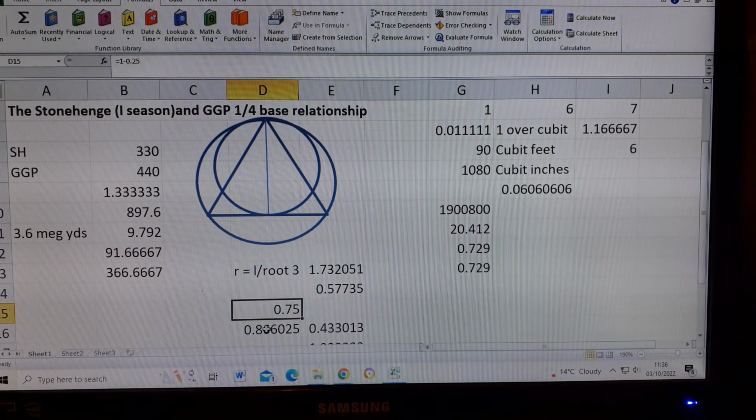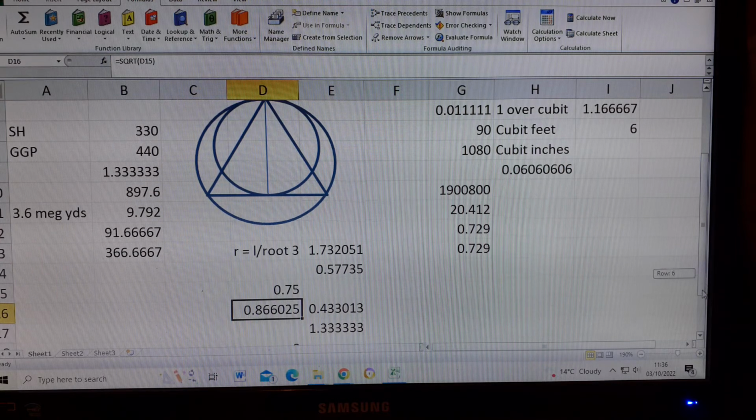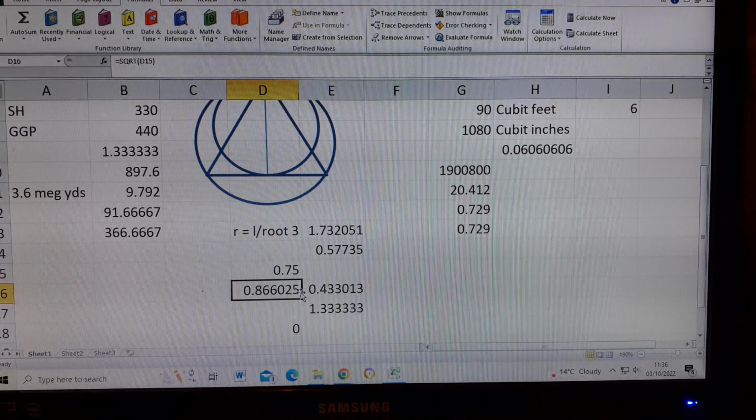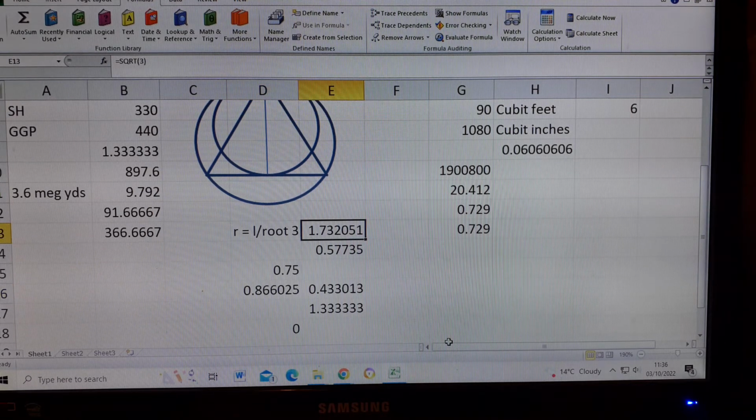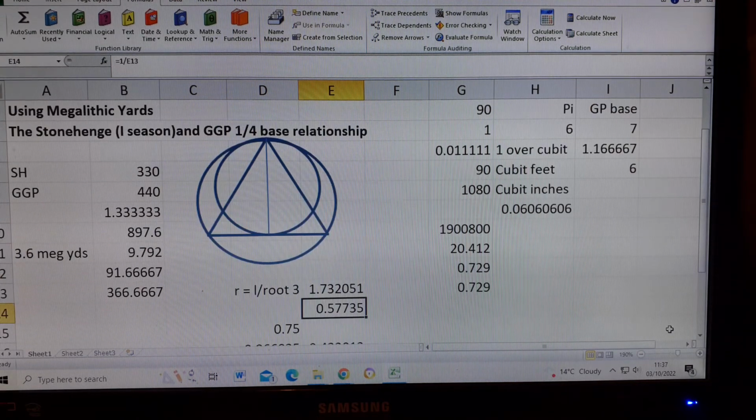So we take the square root of 0.75, and lo and behold, it's half of the square root of 3. And we divide that by 2, and we get 0.433013, and divide it into this amount that we've calculated here, and we get the relationship 4/3 proved, something that the ancients knew.